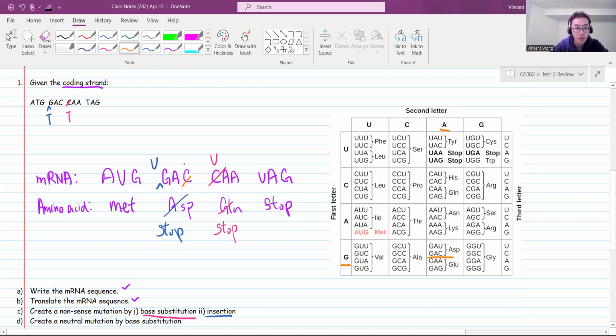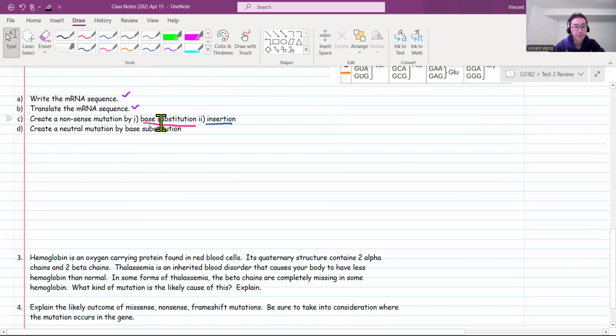Okay, so GAU, which means that in the original, it's going to be a T. So then it's going to be no change. All right. Okay, we're going to move on.